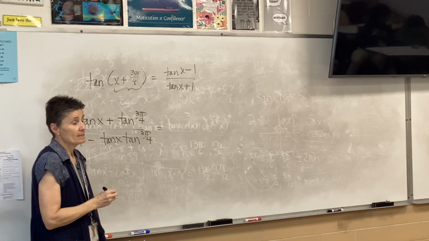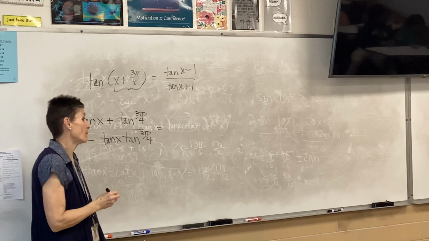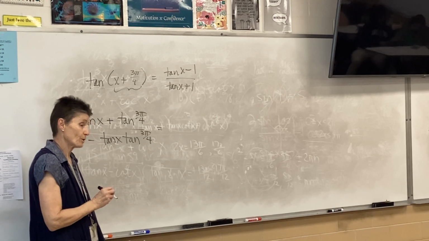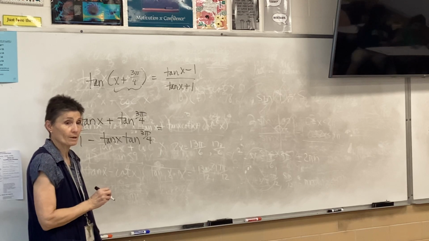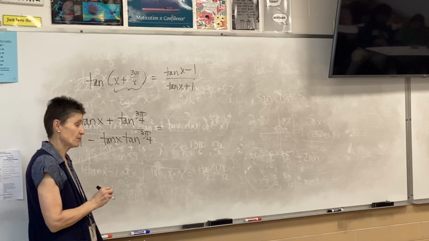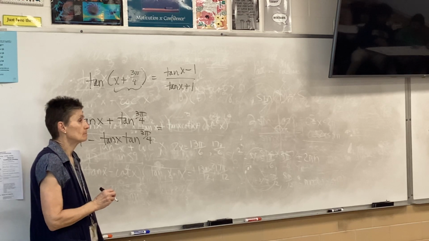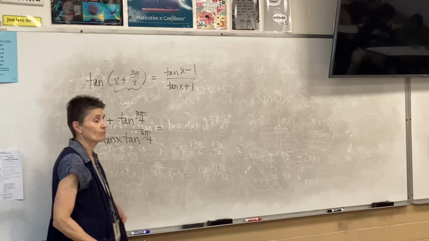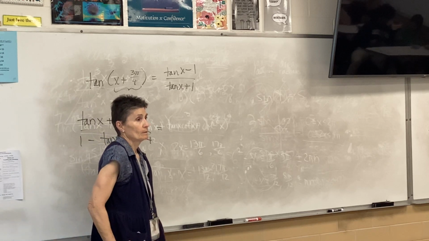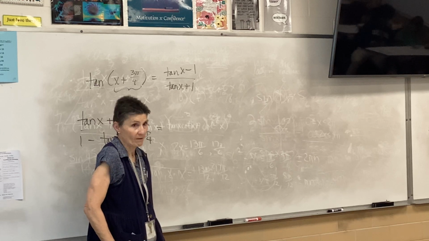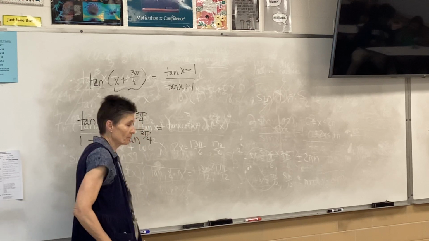Okay? Now, if it helps you, you can change 3 pi over 4 into degrees, if that's easier for you. 3 pi over 4 is how many degrees? How many is pi over 4? 45. So 3 45s is 135.